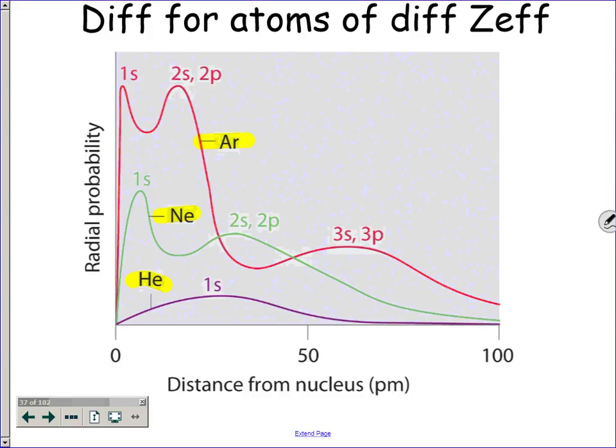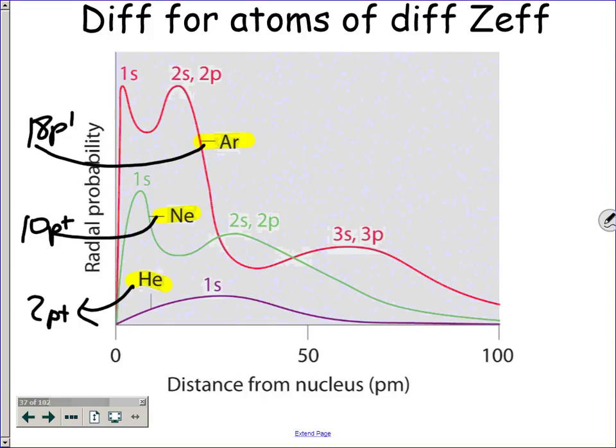Helium has how many protons? Two protons. Neon has how many protons? 10 protons, and argon has 18 protons. Okay, so if the nucleus is highly charged, what is it doing to its first energy level? Like super duper attracting it, right?